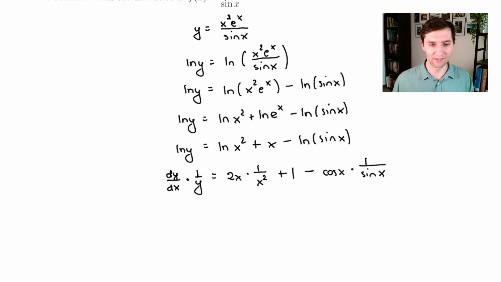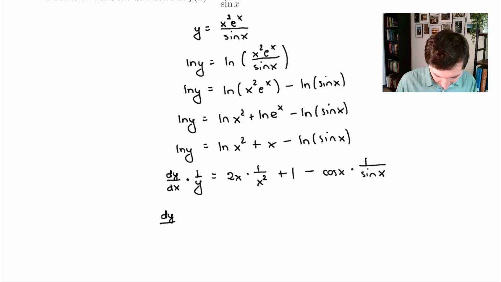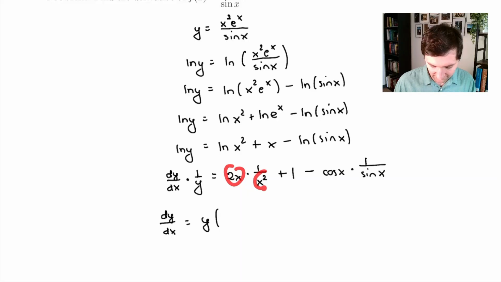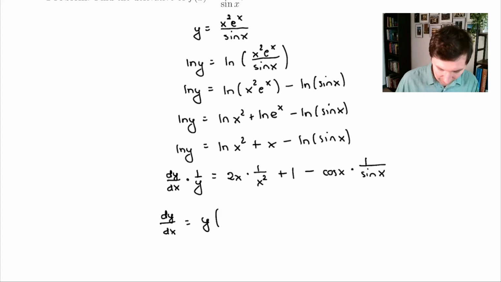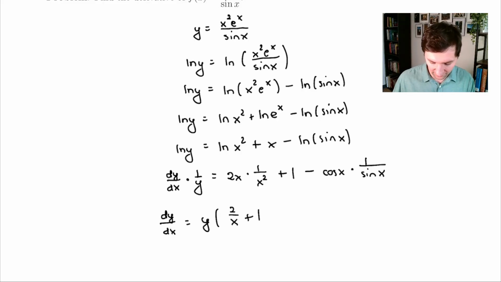To simplify this, I will multiply both sides by y, so I will get dy/dx will equal y times, and let's see what I get here, 2x divided by x squared, x at the top cancels with one of the x at the bottom, and I get 2 divided by x. Then I have 1, I don't think I can simplify it anymore, and finally, cosine divided by sine is cotangent, so I have minus cotangent of x.